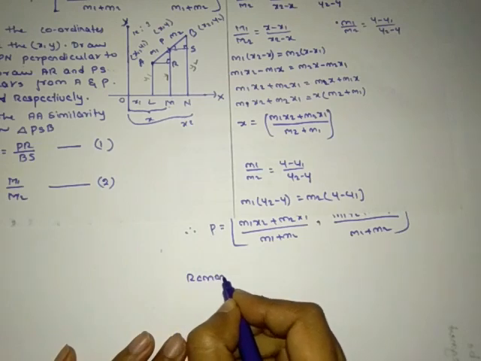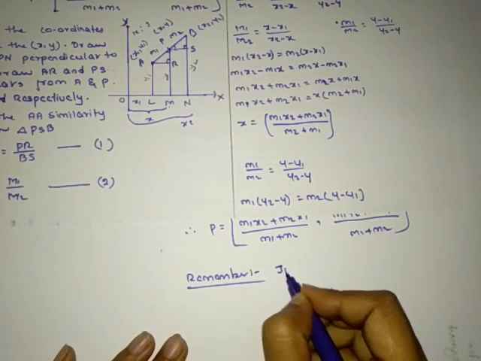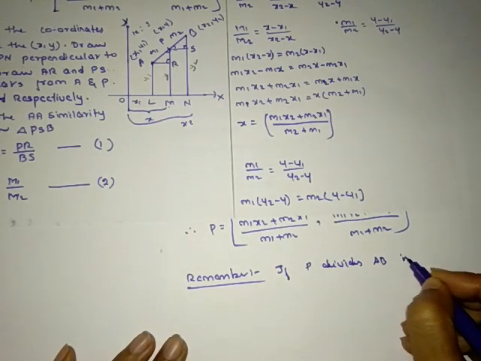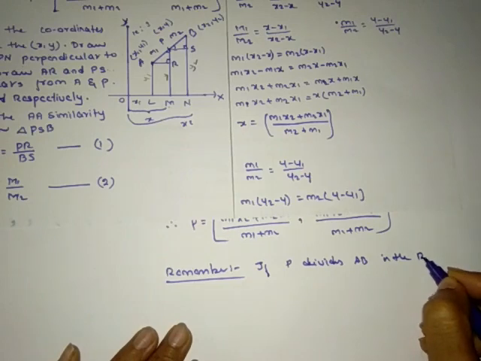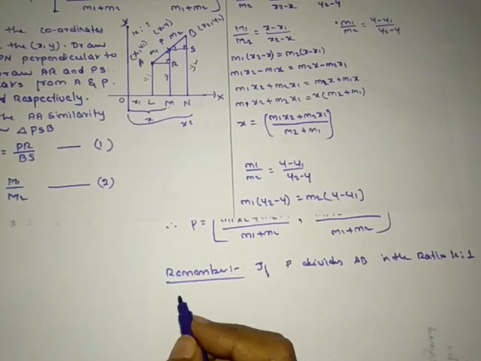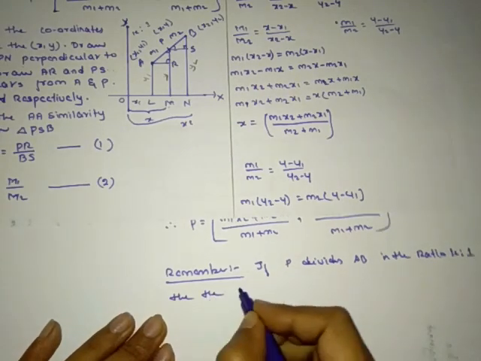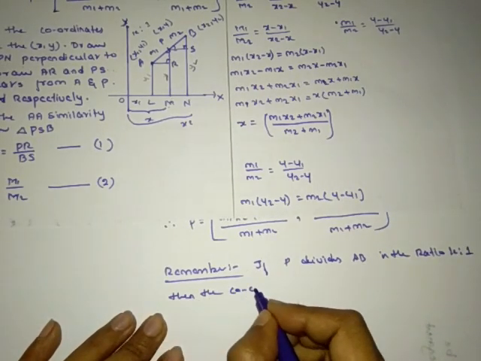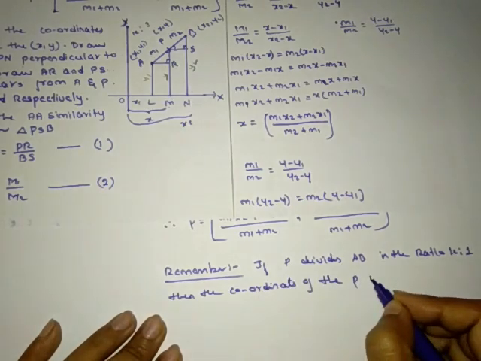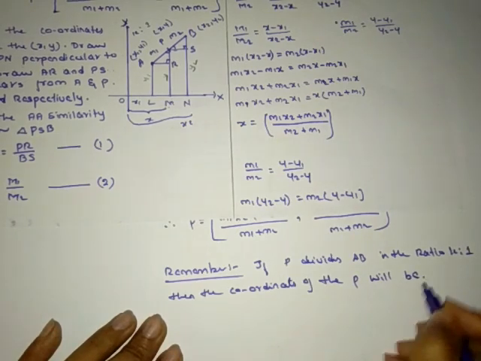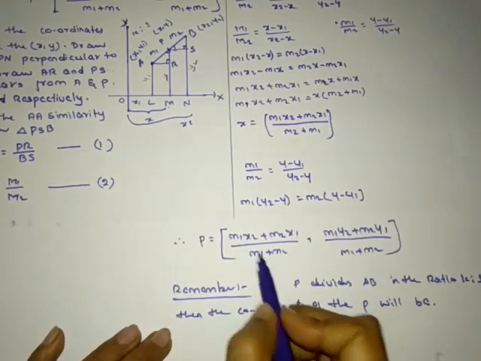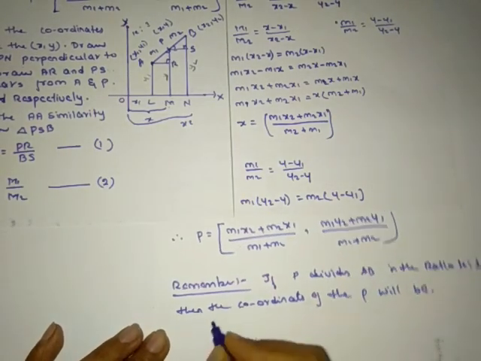Remember, if P divides AB in the ratio k is to 1, then the coordinates of the point will be, in place of m1 we'll substitute the value of k.